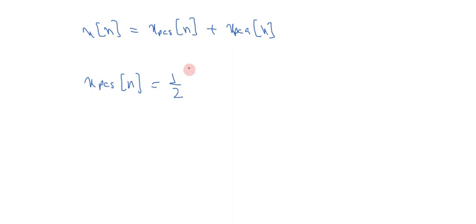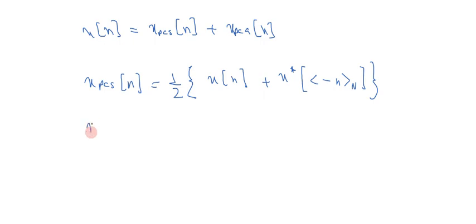1/2 times x of n plus x conjugate of minus n. Here you are taking the conjugate of the circularly time reversed version of x of n.